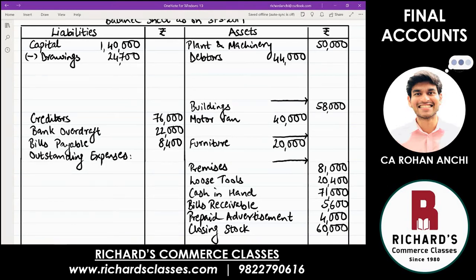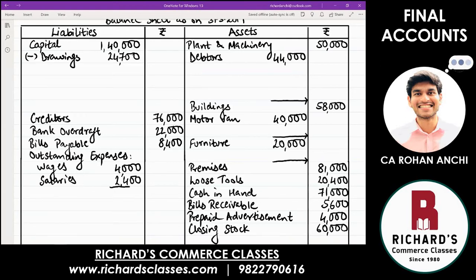And below that, we will write one is wages, one is salaries. So we can write in the inner and directly show the total in the outer column. So outstanding wages was 4,000 and for salary it was 2,400.